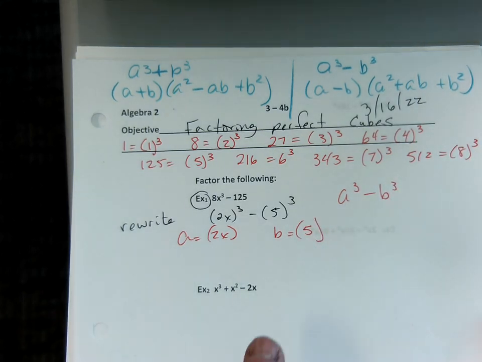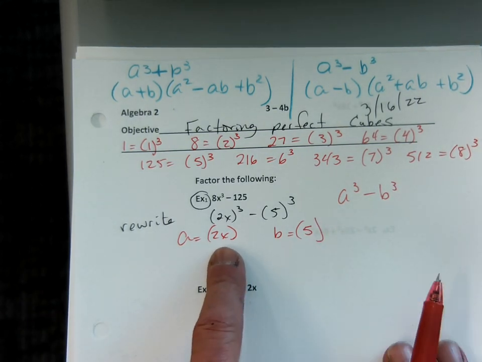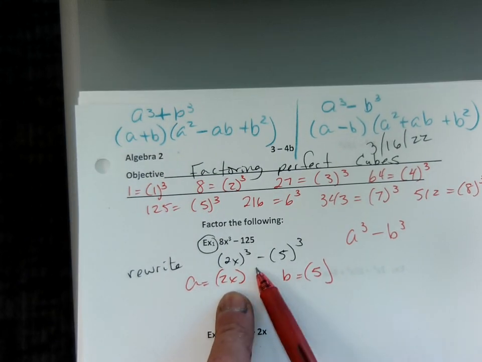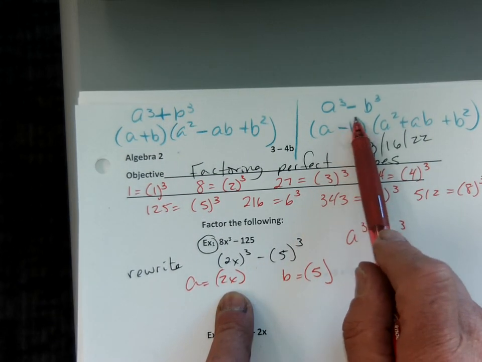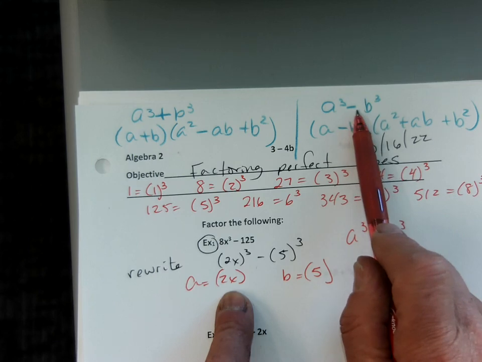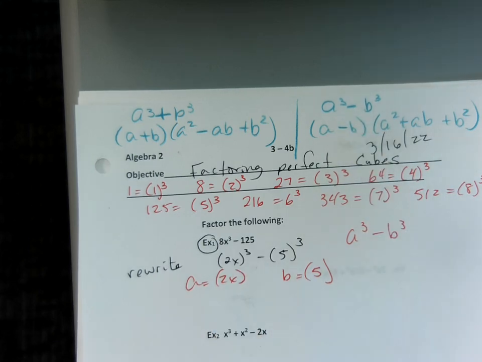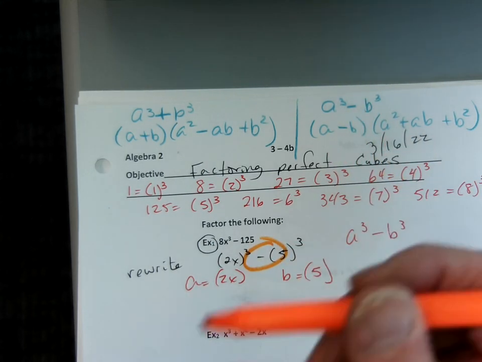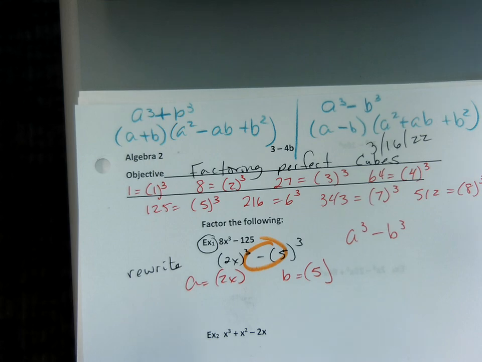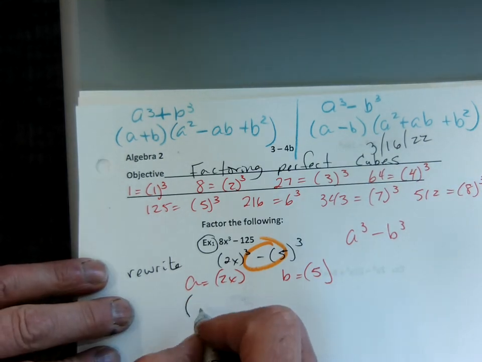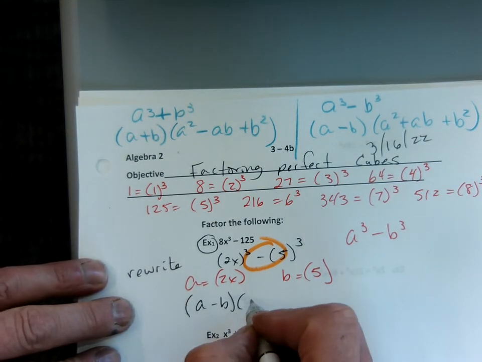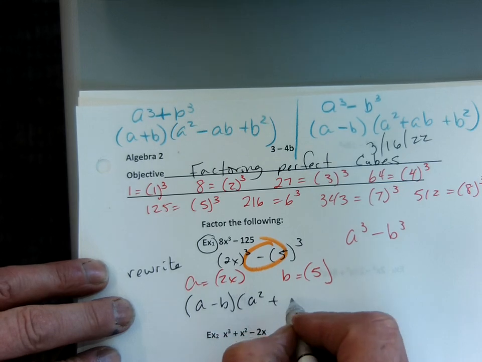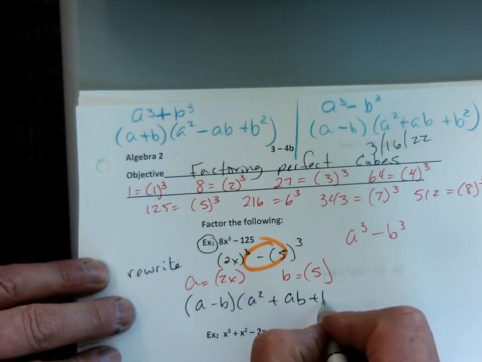It's the subtract one, so we're going to use the second formula. See the subtract? I'll highlight it. So I'm going to use the formula (a minus b)(a squared plus ab plus b squared).